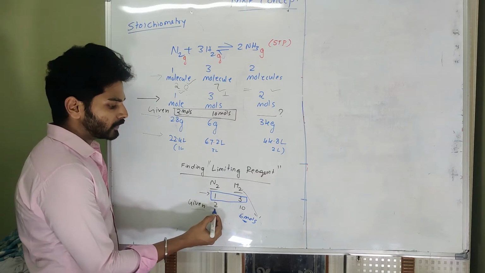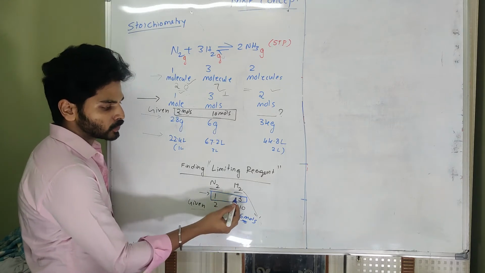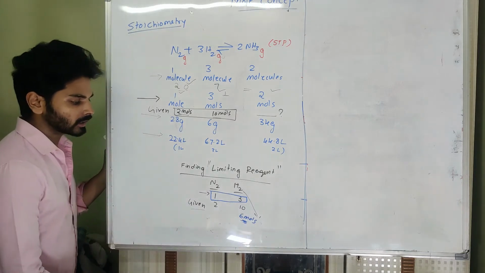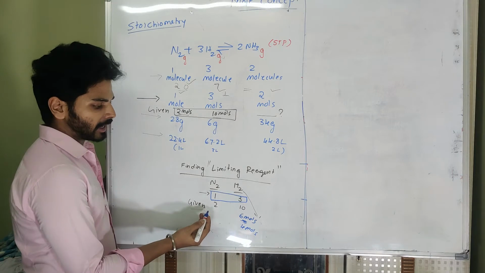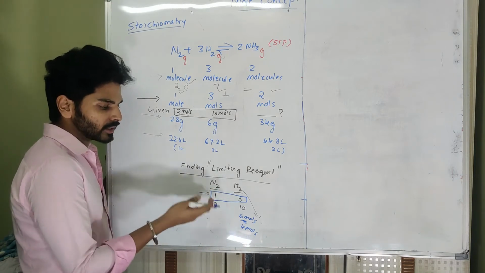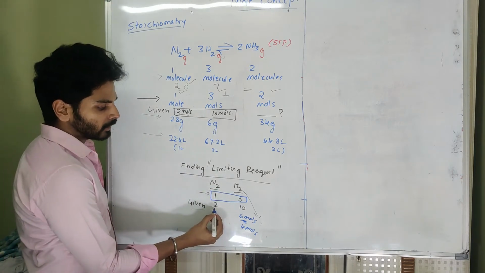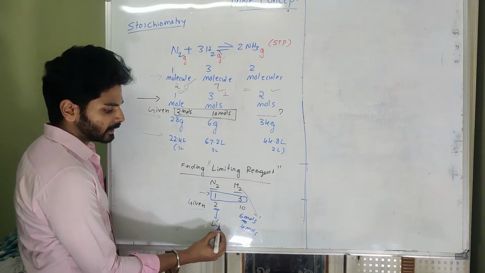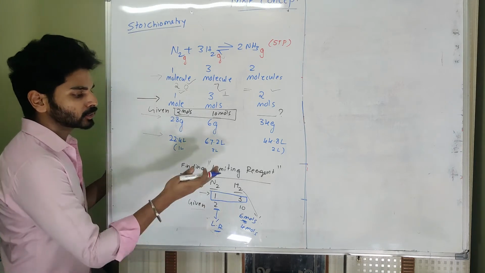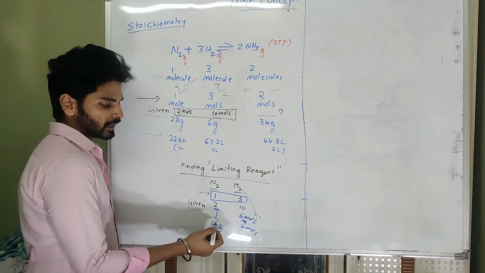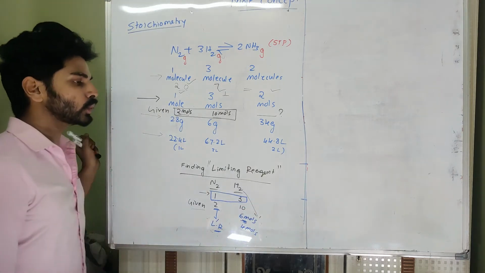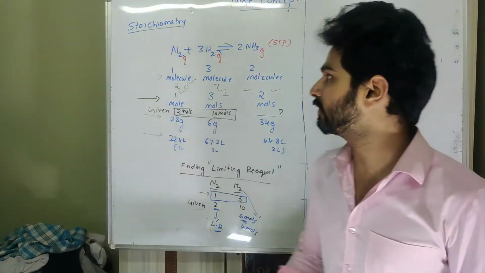So the 2 moles will consume 6 moles of hydrogen, giving us the product. Thereafter the remaining 4 moles can't react because nitrogen is not present at all. So that's why this is considered the limiting reagent. The limiting reagent will stop the reaction, and once it is consumed, you won't get any more products.